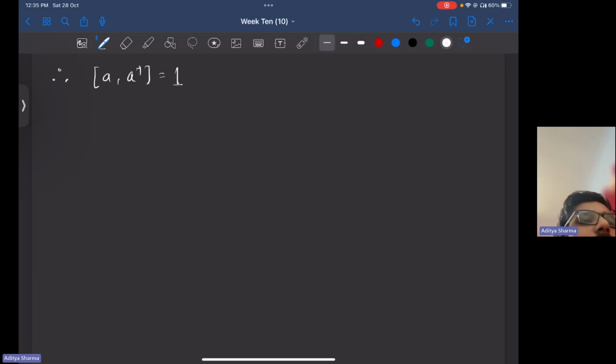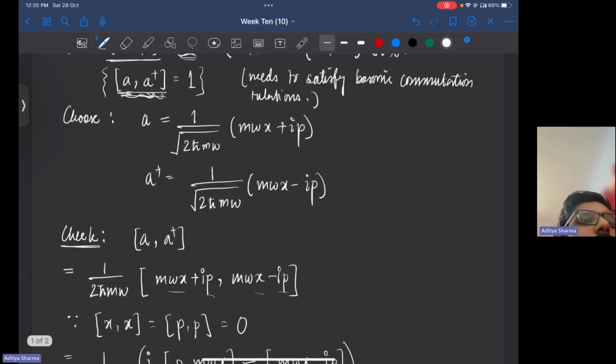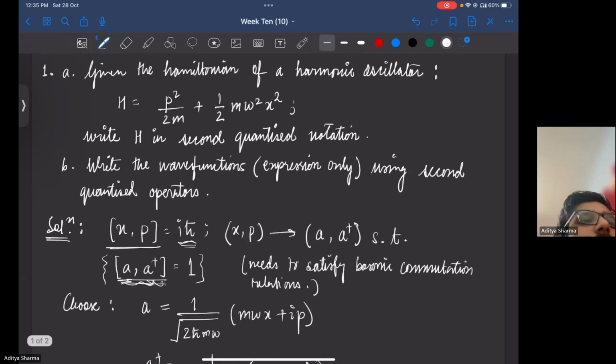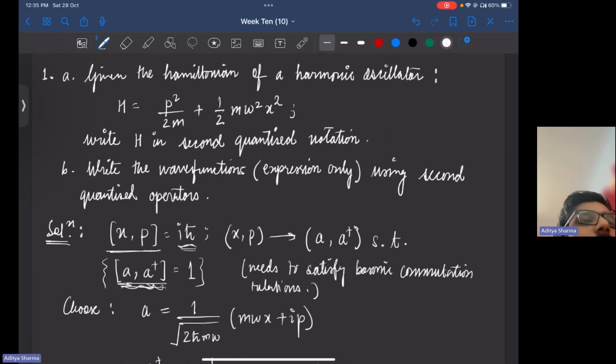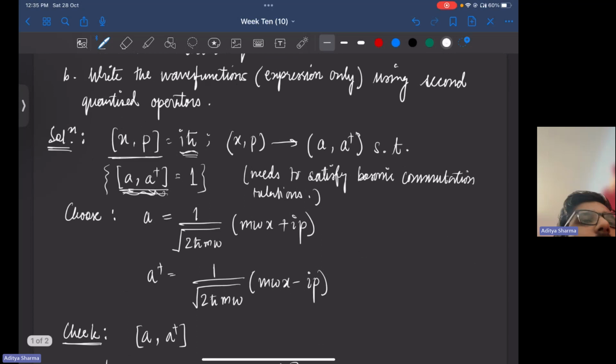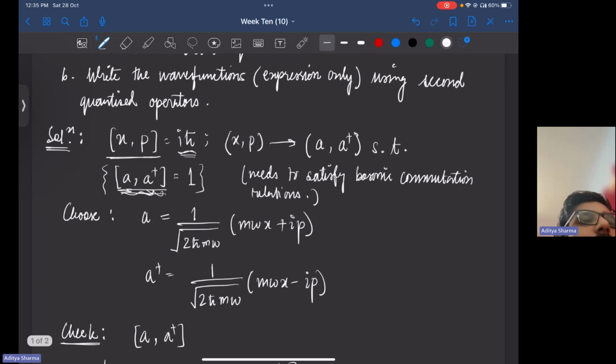Now the second thing to do is write the Hamiltonian in the a and a dagger language. So for that, we'll try to derive what x and p are from these equations.